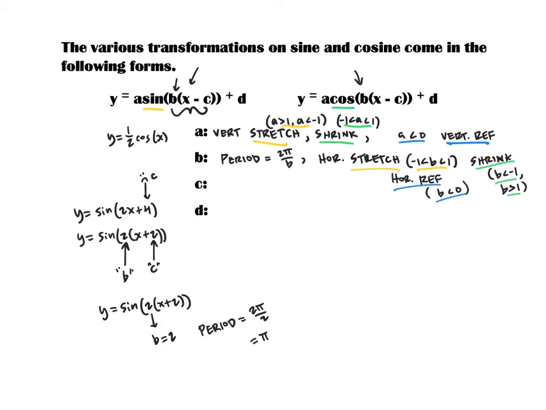Okay, so what is C? C is called the phase shift. And the phase shift is the horizontal shift. You can think of it as a slide to the left or to the right. So you want to be careful with this. If you have an x plus 2, that's going to be a shift to the left.